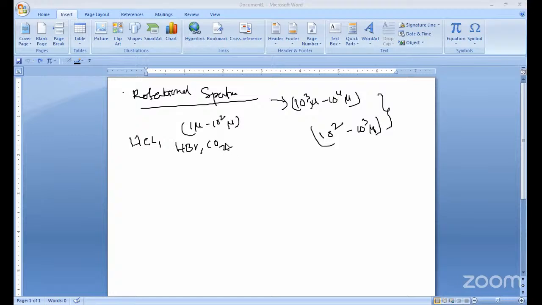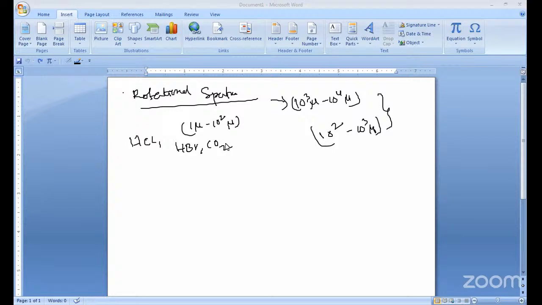So in the case of heteronuclear molecules which have the permanent dipole moment, whenever light is absorbed, we are going to see this spectra, and also whenever it is emitting in the range we have mentioned, we are going to see this rotational spectra.